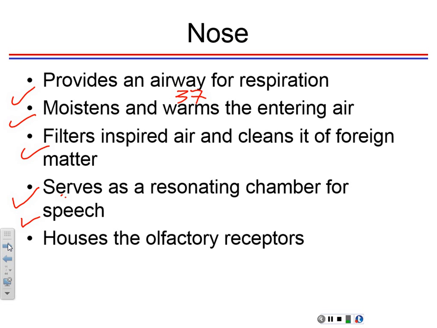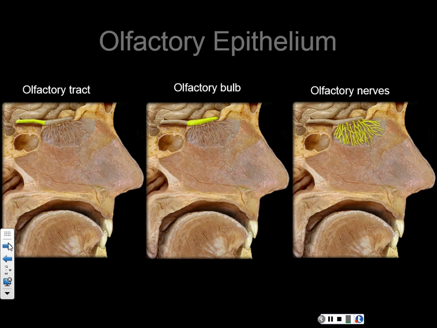How about the olfactory receptors? Remember, the olfactory nerves are sprinkled on the top of the nose. So when you breathe in air, as the air is moistened, it will dissolve all the odorants. So it's a two for one. Know about the functions of the respiratory system, the process of respiration and those steps.